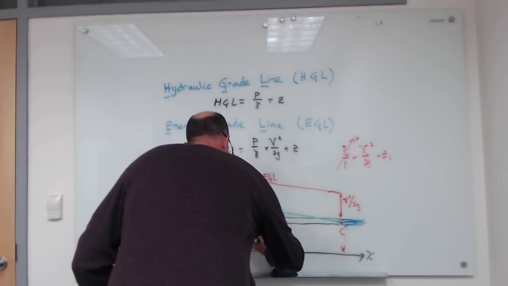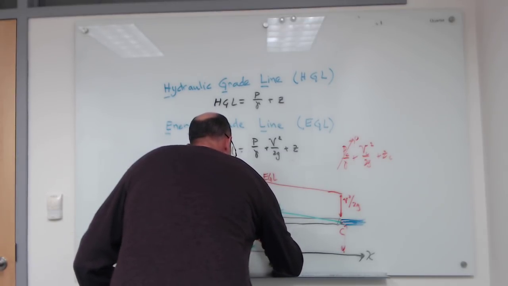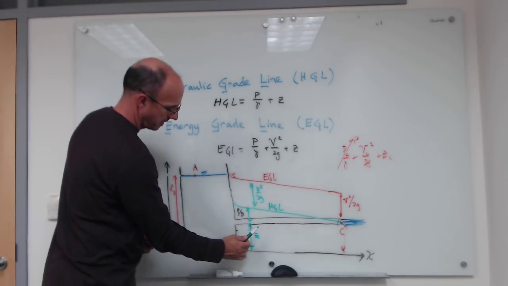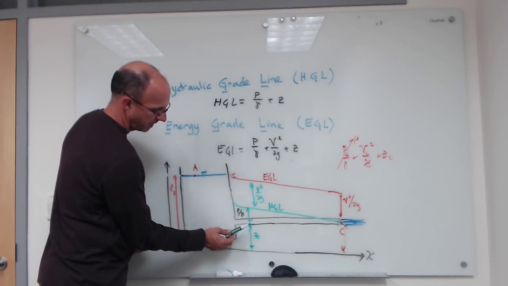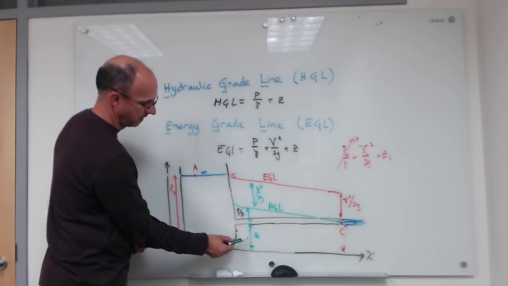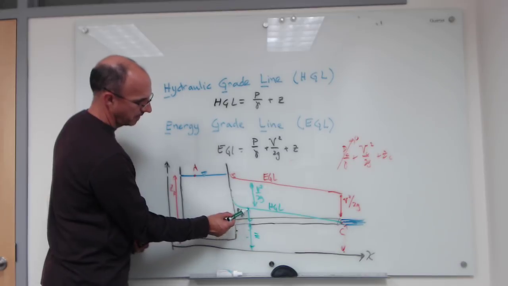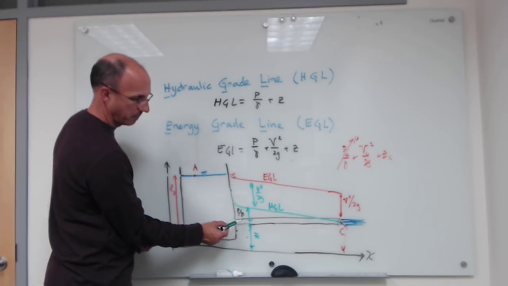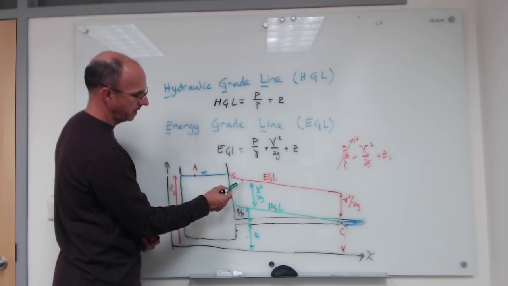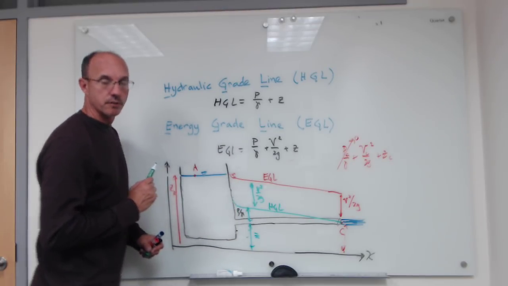And then this distance here represents Z. So at any given location along a pipeline, the distance from your datum up to the pipeline represents the height Z. The distance from the pipeline to the HGL represents P over gamma. And the distance from the HGL to the EGL represents V squared over 2g.